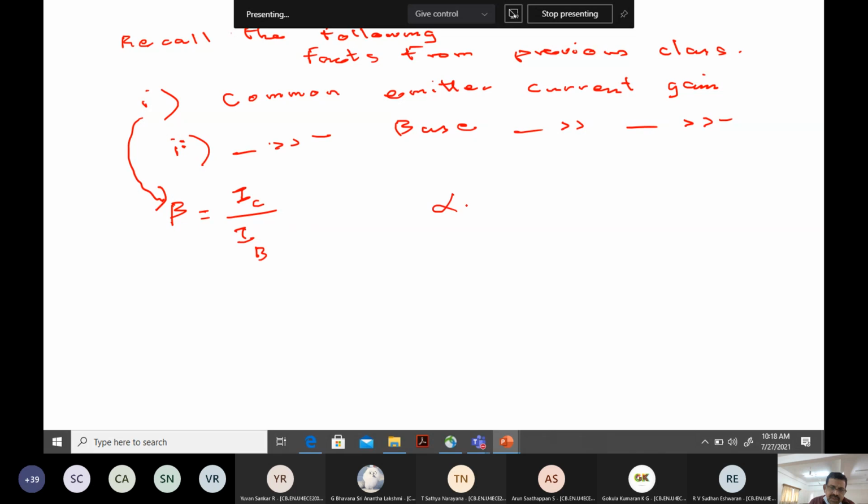And alpha is the common base gain, so this will be IC by IE. Now I told you that ideally you want most of the electrons from the emitter to reach the collector, which means alpha ideally must be unity.